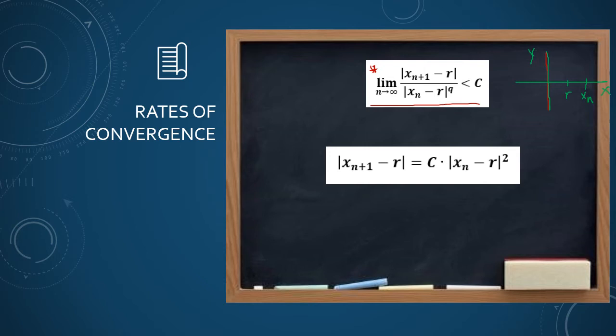And x of n minus r is what we call our error, the difference between our approximation and our actual root. And you could do the same thing for x of n plus 1, that's somewhere maybe over here. And so that error would be this distance here.